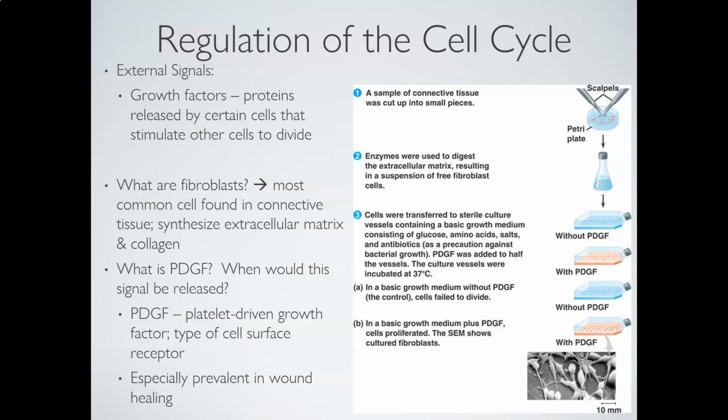So they then cultured them and looked at whether or not the presence of this molecule called PDGF, platelet-driven growth factor, had any impact on whether or not those cells would divide and then ultimately produce a tissue layer. And what they ended up finding is that whenever that PDGF was in fact present in the culture, they were able to stimulate those fibroblasts to produce that extracellular matrix, stimulate each other to start dividing, and ended up producing connective tissue within that culture.